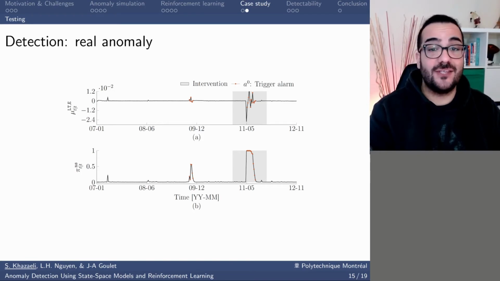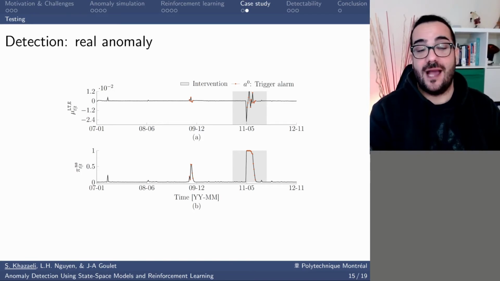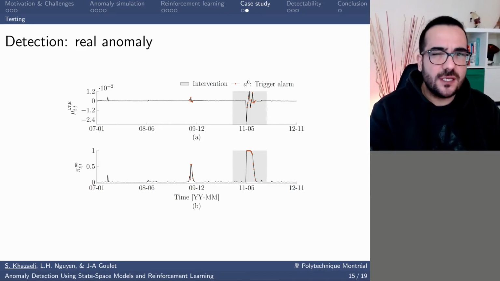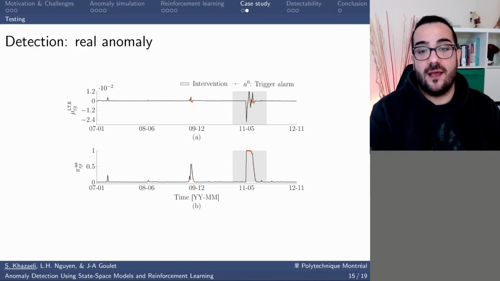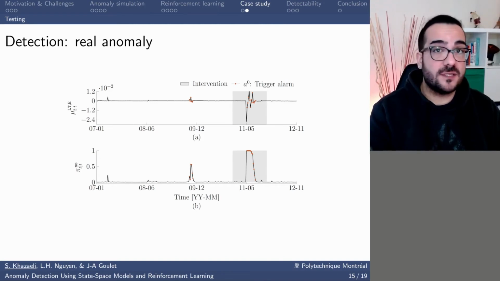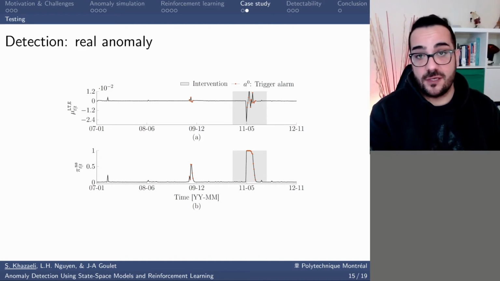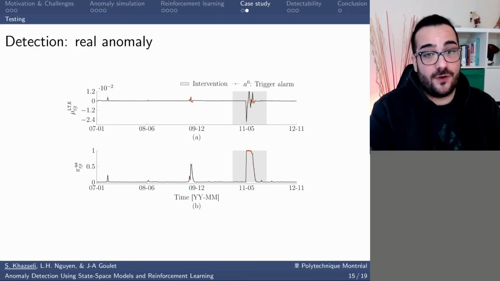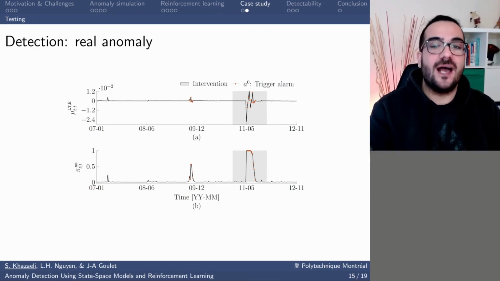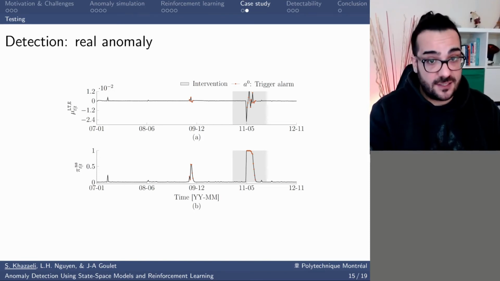As you can see, the agent correctly identified the anomalous time steps associated with the intervention. And interestingly, the agent identified an anomaly for the time steps during the year 2009 when the probability is less than 1. However, for the time steps during 2007, the agent did not trigger the alarm. This is a real application of RL incorporating underlying dynamics in decision making.